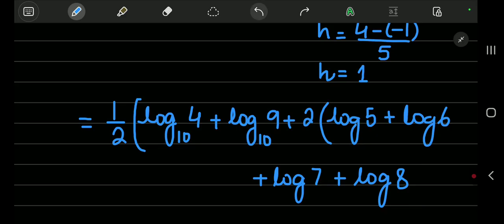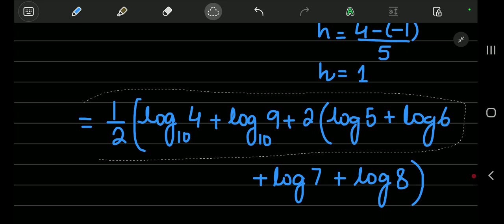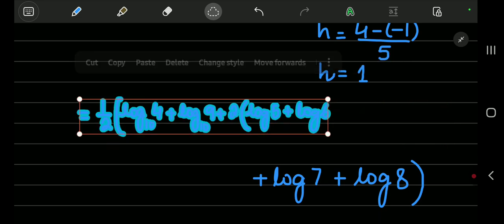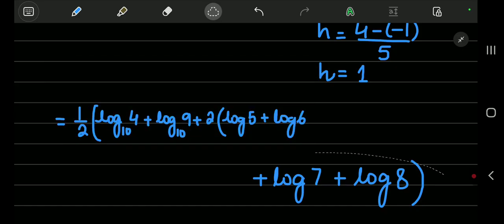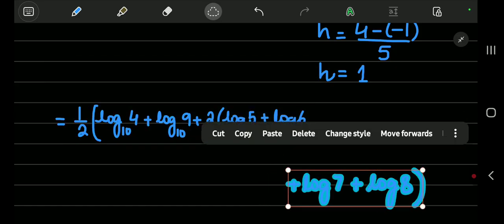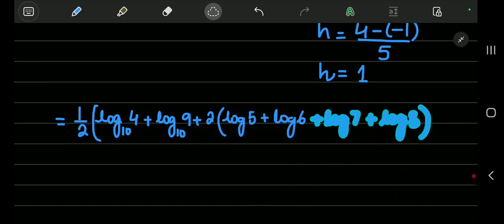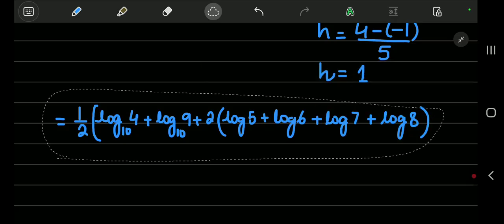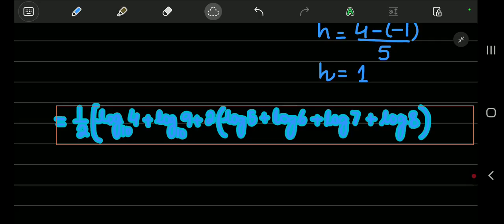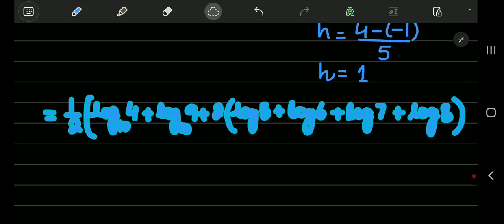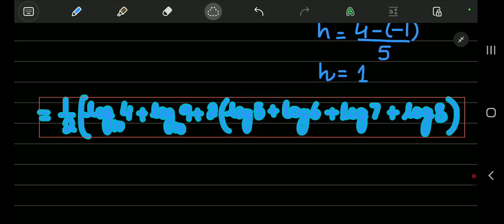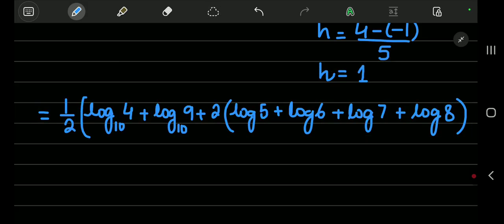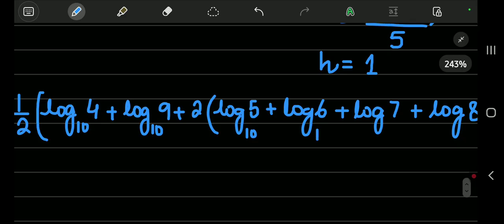Okay, these are all the values, also with base 10 all the way.